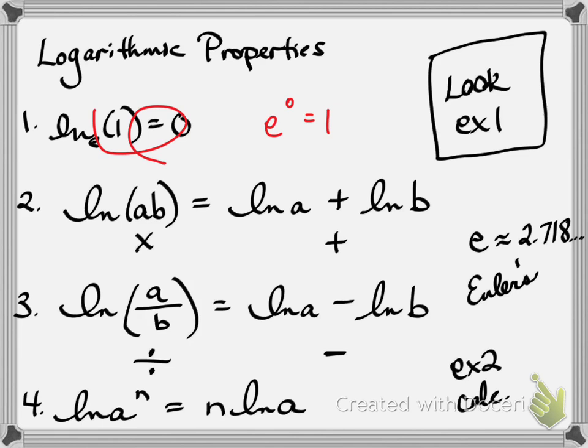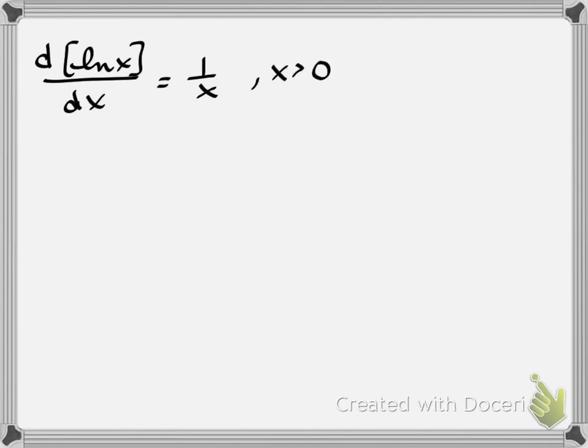But we want to get to page 322, which has the 2 properties that we wrote down in class the other day. The derivative of the ln of x with respect to x is 1 over x, as long as x is greater than 0.